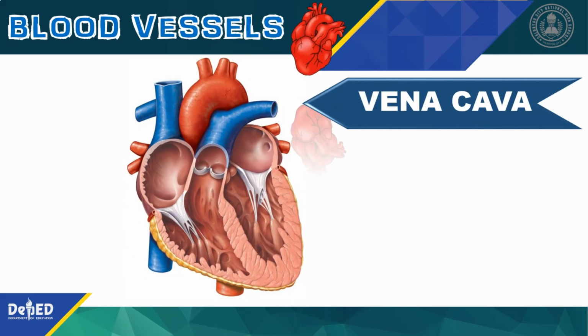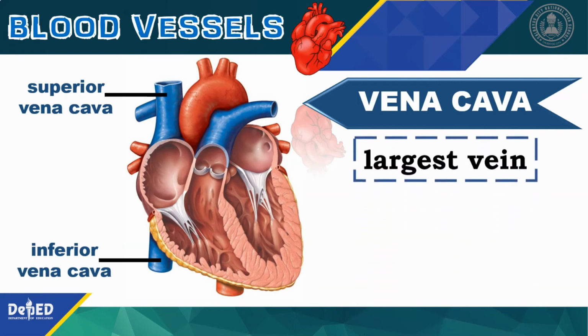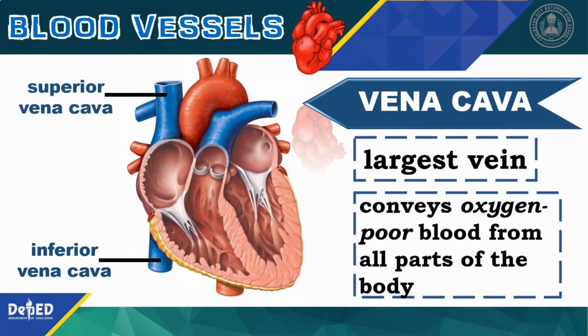These are the superior vena cava and the inferior vena cava. The vena cava is the largest vein that is connected to the heart. This vein conveys oxygen-poor blood coming from all parts of the body back to the right atrium.